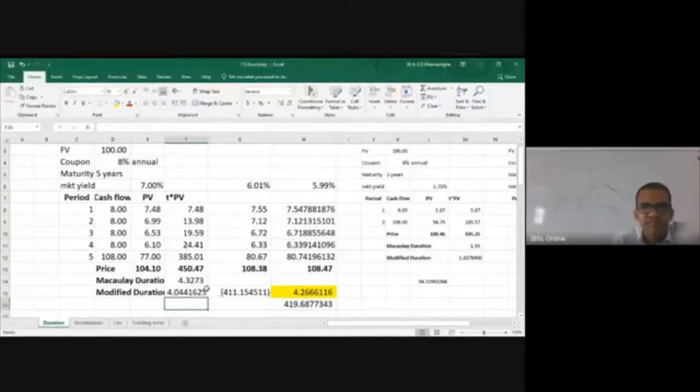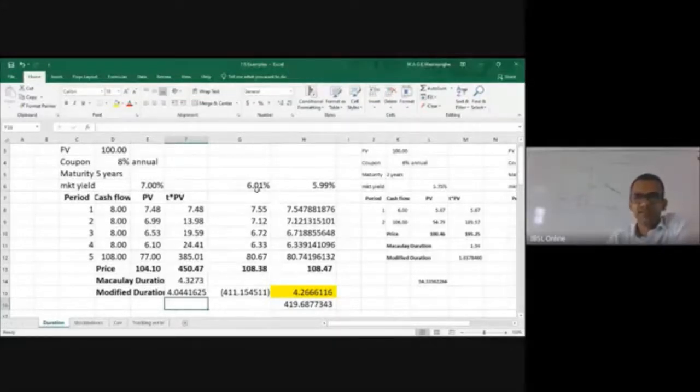So this is the way we can use Excel to calculate modified duration using the basic formula for the modified duration. Is it clear? I think with this example you might have a better idea how to calculate duration and modified duration.